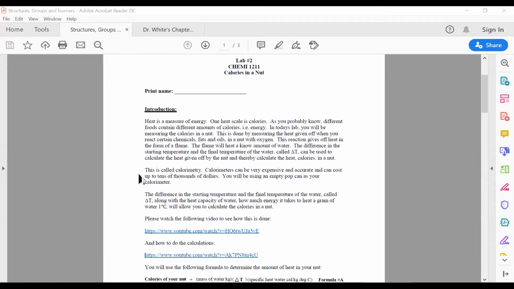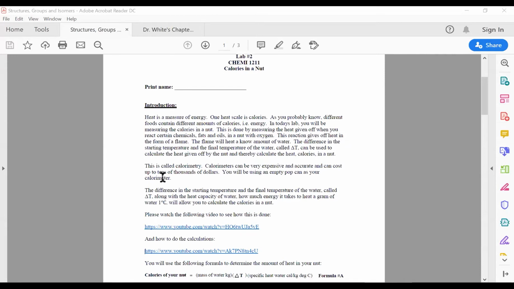Now, in the Labster video or simulation, I should use proper terminology, they've got a calorimeter that costs maybe $5,000, $10,000. For this lab, if you did it in COD or ECC, you'd use a pop can, which doesn't cost tens of thousands of dollars.